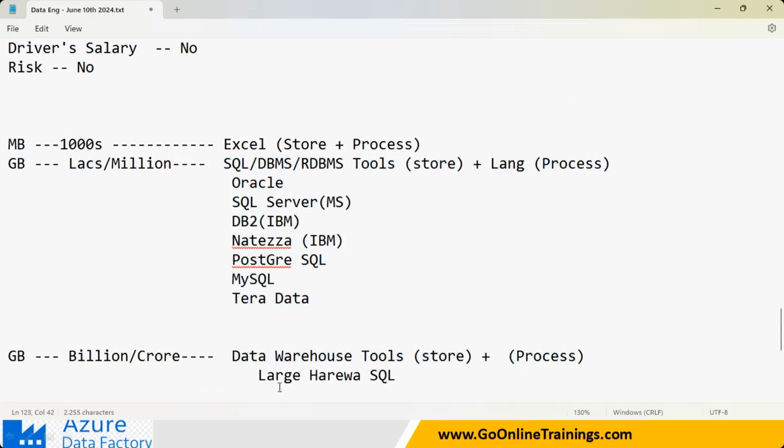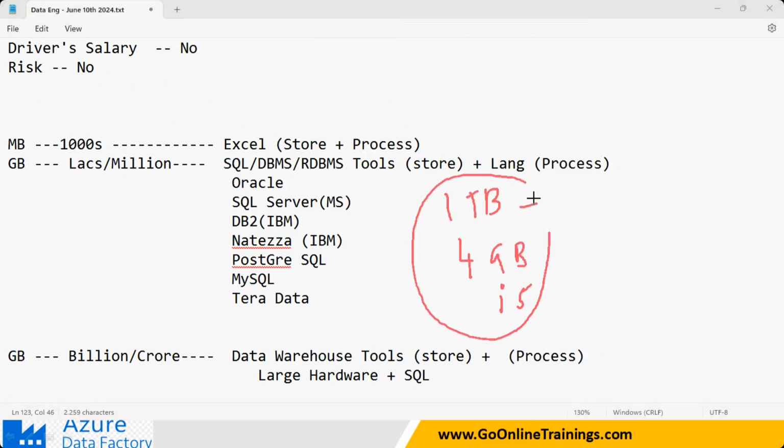For example, I have my laptop. What is my laptop configuration? I have 1 terabyte of hard disk and 4 GB of RAM. I have an i5 processor. So this is my hardware configuration.